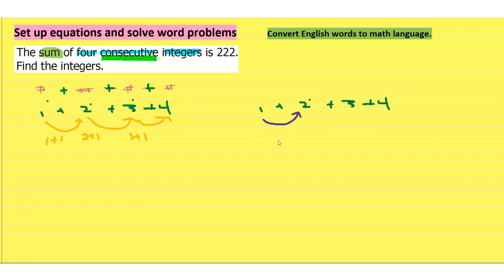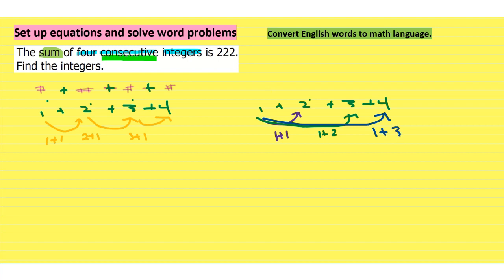Well, I definitely do 1 plus 1. But what if I want to think about how I get from 1 to 3? Well, I get from 1 to 3 by saying 1 plus 2. Okay? And then how do I get from 1 to the 4? Well, that would be 1 plus 3.